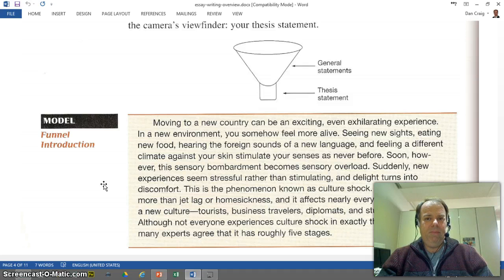And so they play on these common experiences that people have when they go abroad and some feelings of discomfort that they have. And then by the end, they're being very, very specific and stating that there are basically 5 stages of culture shock. Now, from this statement, we know that the essay is going to have essentially probably 5 body paragraphs describing each of those stages.